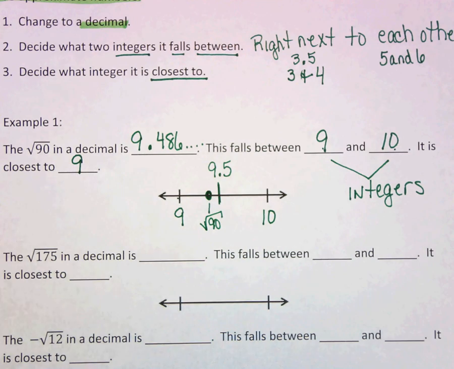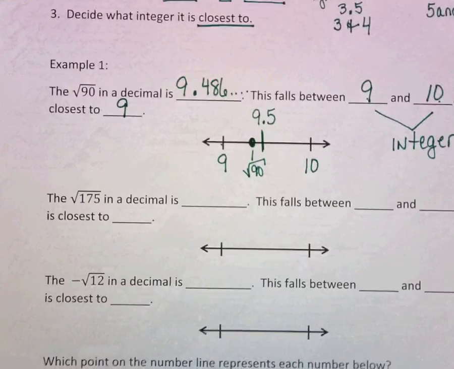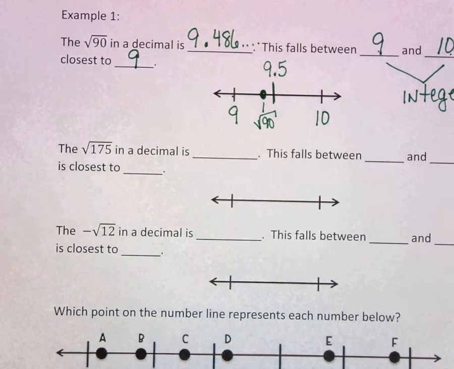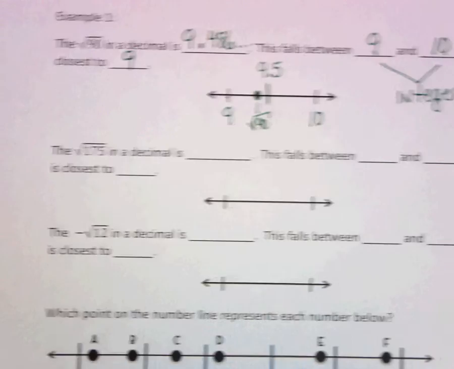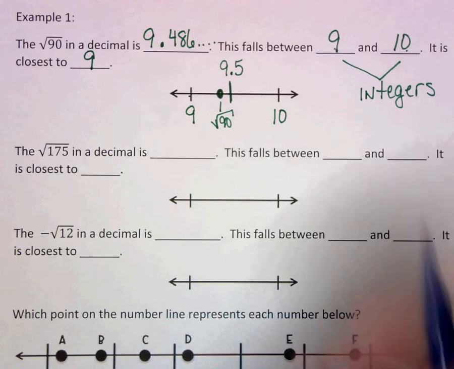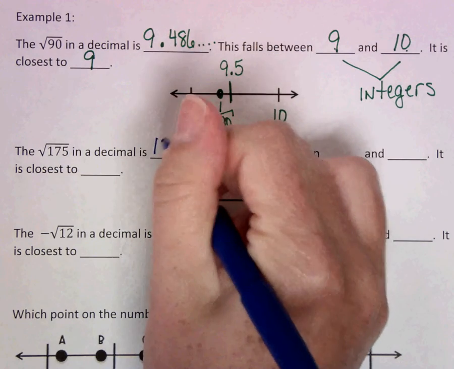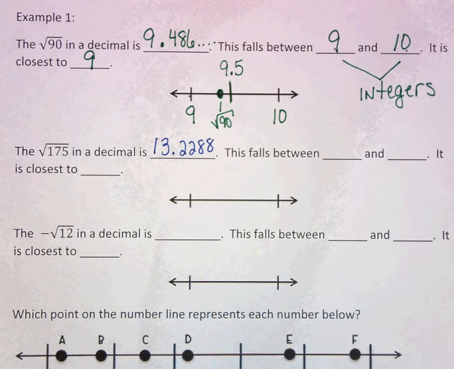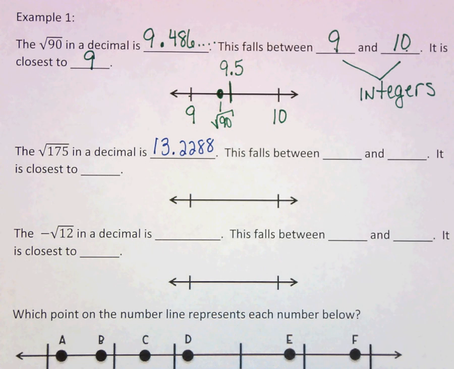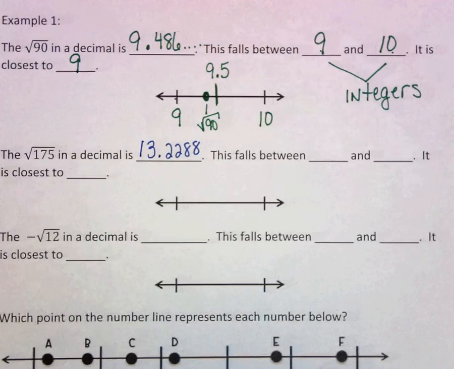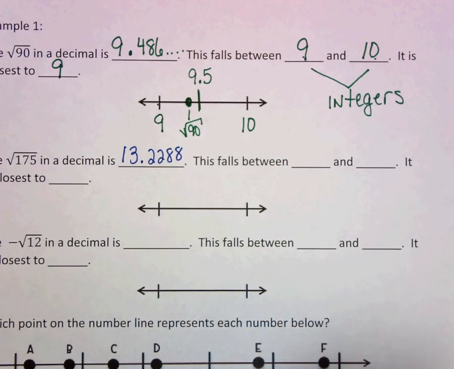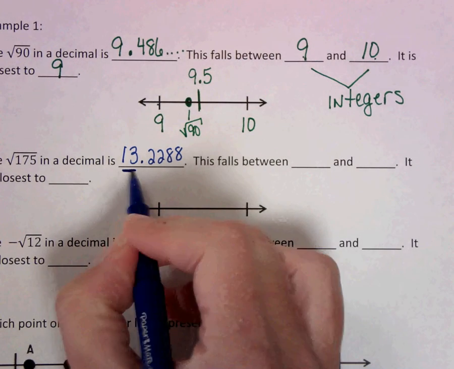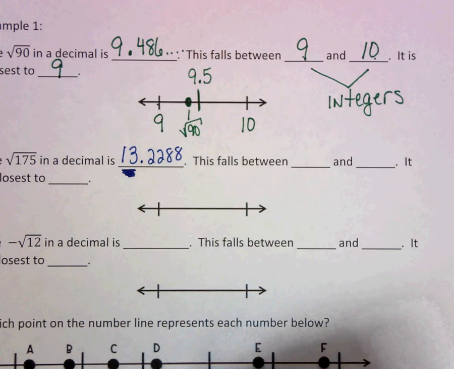Okay, let's look at the next example. The square root of 175. Type that in your calculator. Change it to a decimal. The square root of 175 is 13.2288, and there might be some more numbers, but that's enough. What does this fall between? A little hint is you're always going to use that whole number that's out front in front of the decimal.